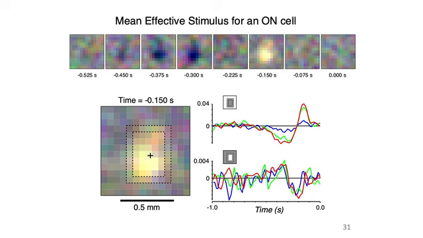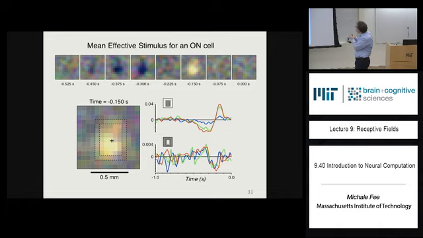So here you can see as a function of time before the spike, so this is the stimulus at the time of the spike, this neuron responds with a spike to a spot of light that happened about 150 milliseconds earlier. Okay. And here's what that stimulus looked like as a function of space on the retina.